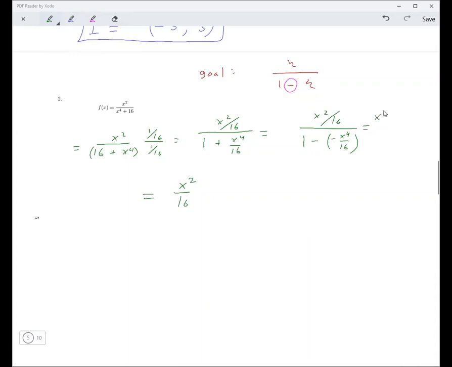So what I'm doing is this, basically. Okay, so I factored that out all the way. I have 1 over 1 minus something, which means that this is going to be the series.